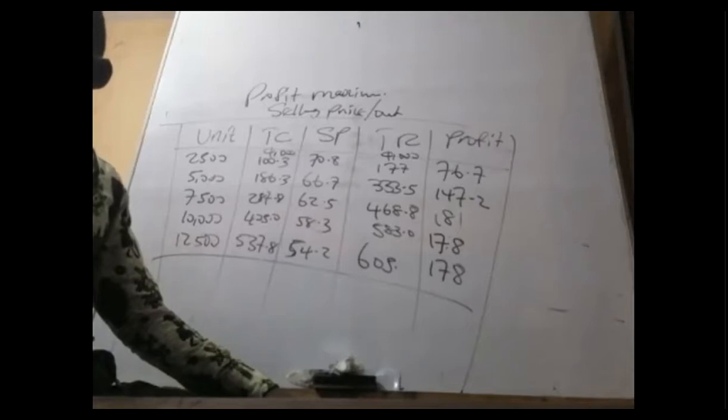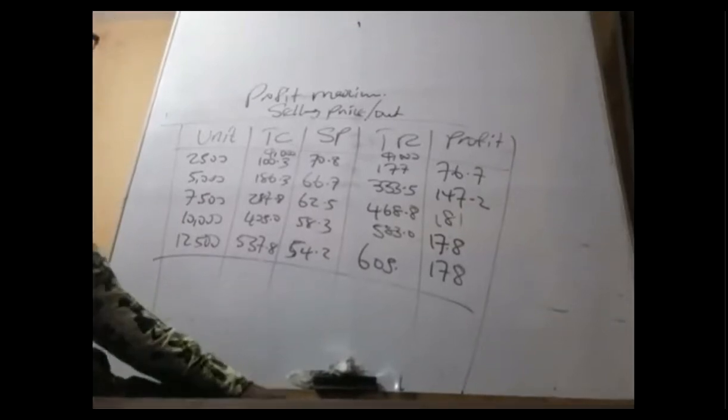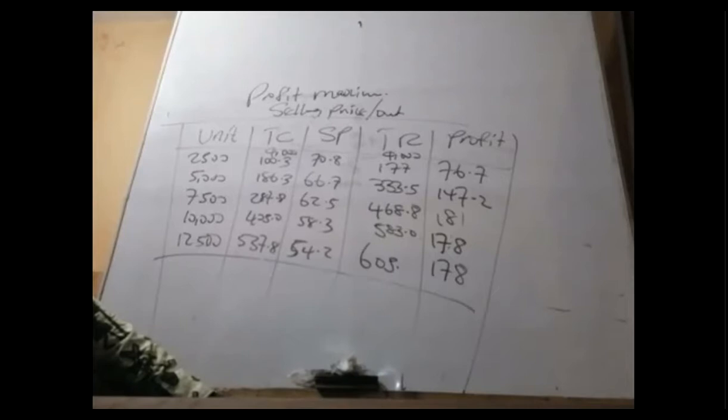So 139.7. What about that one too? Let me do the calculation here. Okay, so the revenue is correct.